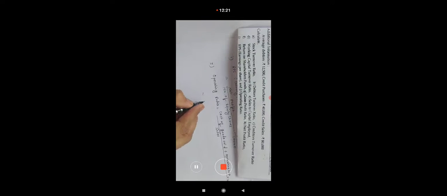In this problem, total sales amount is 1 lakh rupees, and when we subtract gross profit from sales, we get the cost of goods sold. That means 1 lakh minus 50,000 is equal to 50,000. This is the amount of cost of goods sold.